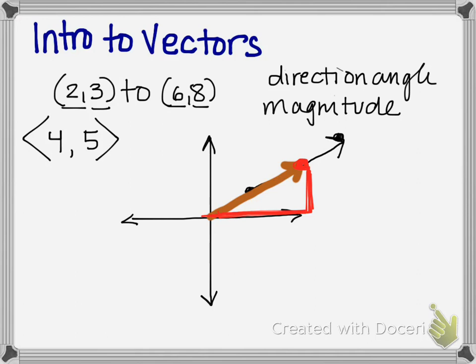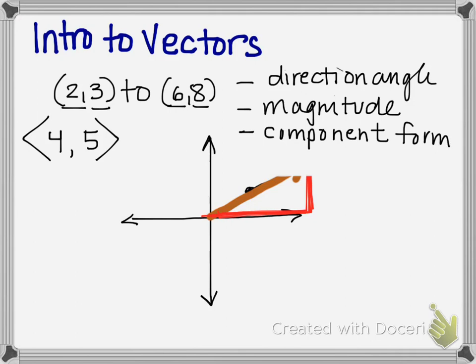Okay, coming back to our list over here on the right, the direction angle, the magnitude, and I'm going to add one more thing. I'm going to add the words component form. So these are some fundamental vector vocabulary, the component form.